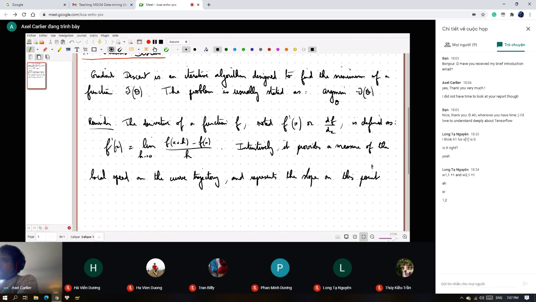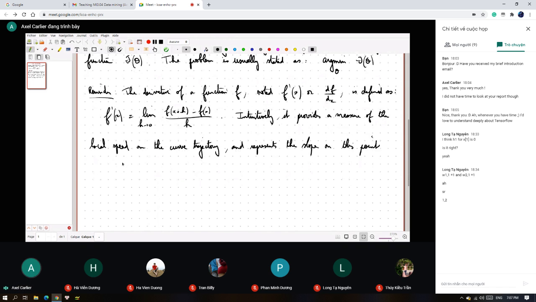So let me see what I mean. Here I represent a curve. Not a very nice curve, but this is a curve.